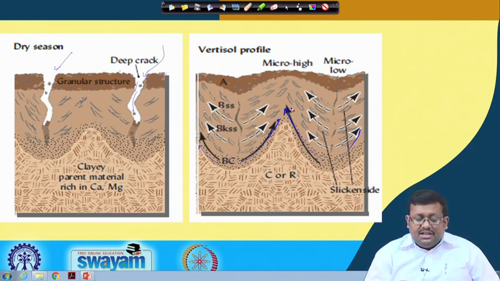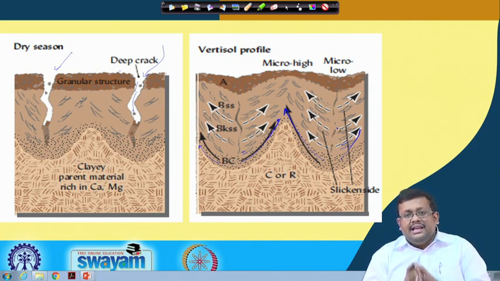As a result there will be some oblique features, present at oblique angles, and we call them slickensides.